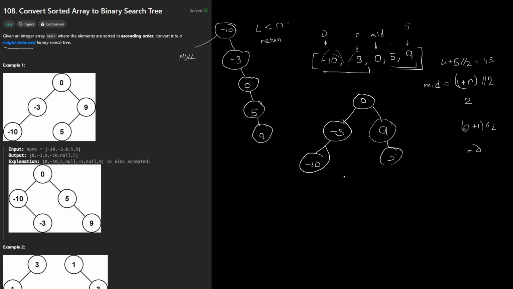If I code it up, how it's going to look: I can create a helper function, def helper, which is going to take the left and right values. I can say if L is greater than R, then I can return.